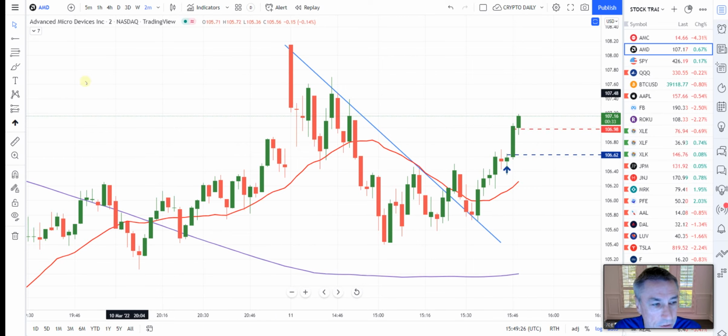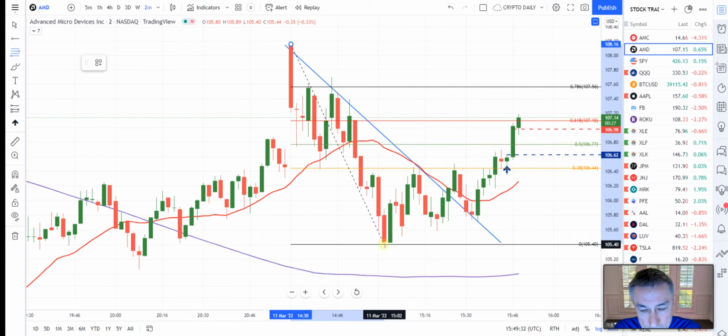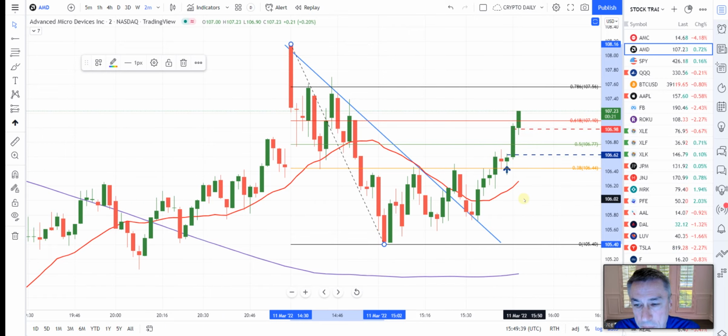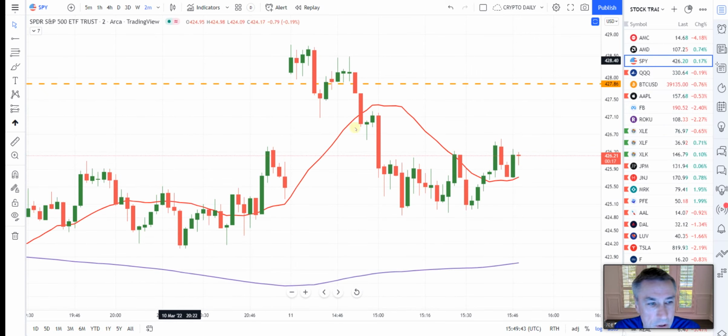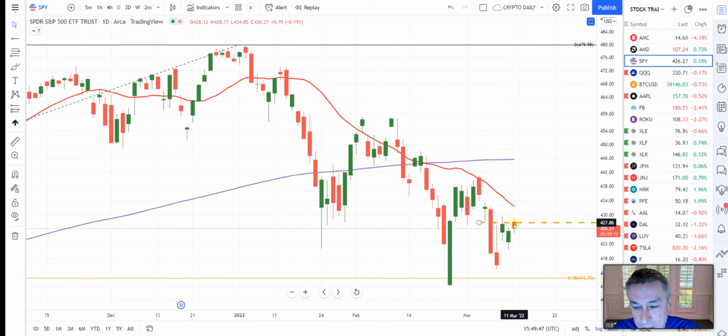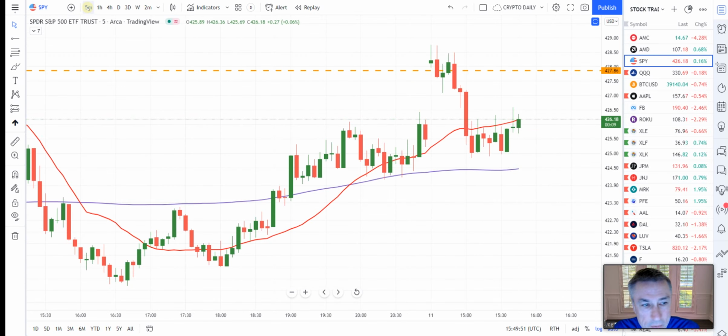Now, if this thing continues, let me do a quick and dirty. Oh wow, we already hit the point 618. That's pretty major, and it's a strong market to the upside. Let's see what the SPY is doing. Yeah, see, it's looking like, well, still red on the day, but looks like even the 5 minute chart is pushing.